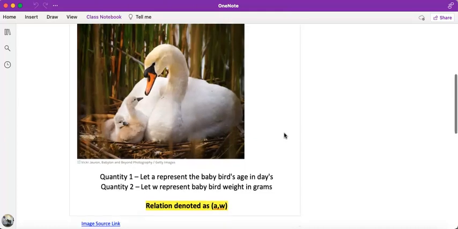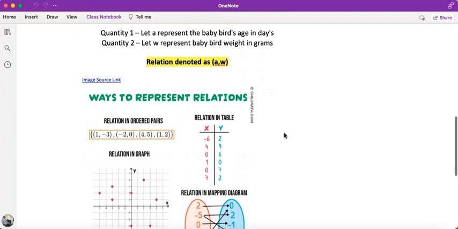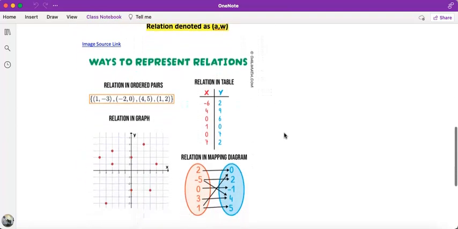And so as we see that, when we go back, there are 4 different ways we denoted a relation. Through a set of ordered pairs, we could use a table of values, we could use a graph, and notice how the graph axes are labeled with X and Y, or we could use a mapping.